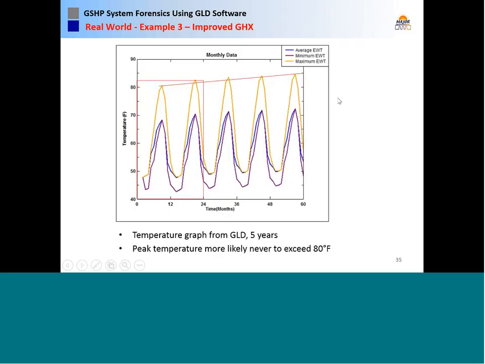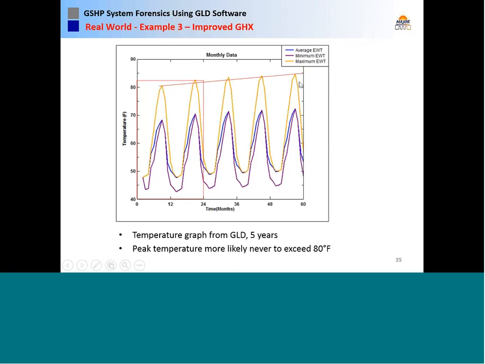We looked at this, and others said, okay, we have an issue here. It looks like the loop is going to creep up in temperature. We know from experience that with GLD and other loop simulation software for vertical loops, this is really not realistic. If your loop is going to overheat, you're going to know it in the first year or two.